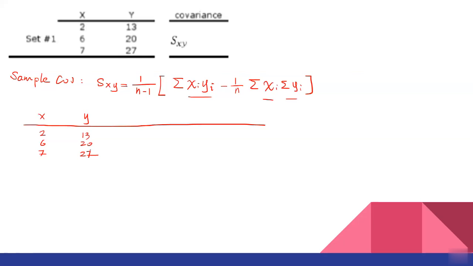Okay, because we need the sum of xy, so we need to add a column called x times y. Anything else? No, we only need x times y, right? So let's calculate the product of x, y for each row. First row, this is 26. Next row, we have 120. Okay, next.